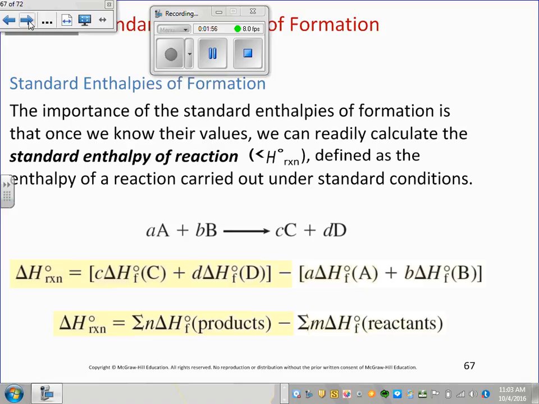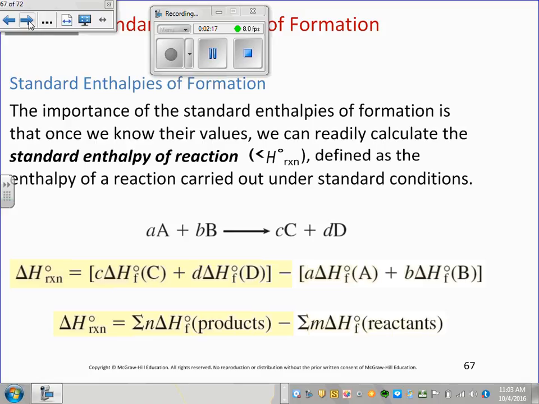The change in enthalpy, as we saw before, is the enthalpy of products minus the enthalpy of the reactants.